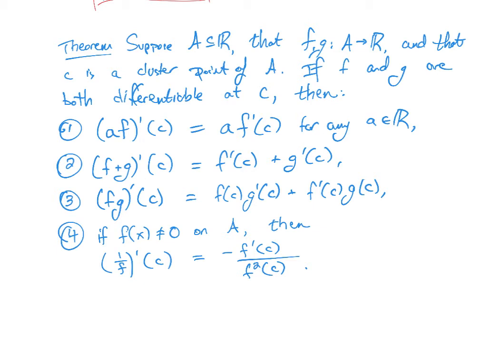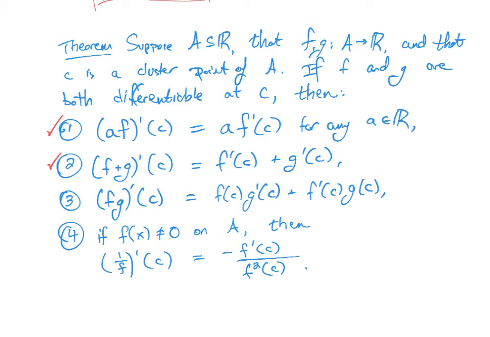Are there any questions before we prove one of these, maybe? I hope the proof of the first one with the constants is clear. You just plug it into the definition, you've got an a, the a's will just come out. The second one, you plug f plus g into the definition, and then you'll be able to separate the limit into two parts. You'll get both derivatives.